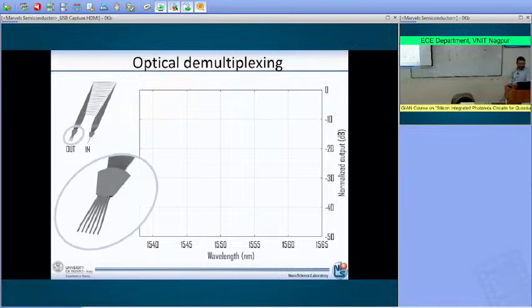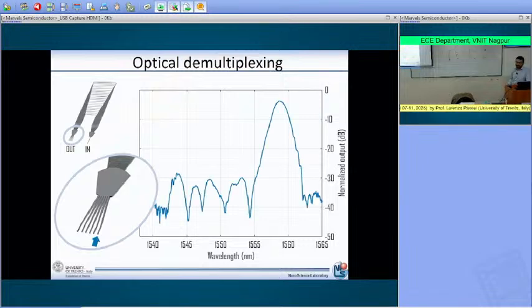And what we are doing here is that we are sending a signal at the input, and then we are changing the wavelength of the signal at the input. And then we are collecting the signal at a single waveguide output. In this case, we are collecting the signal here.